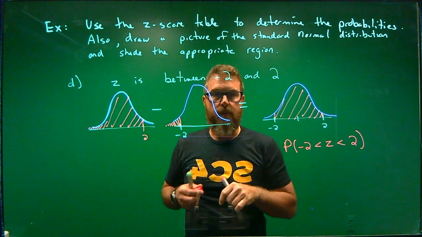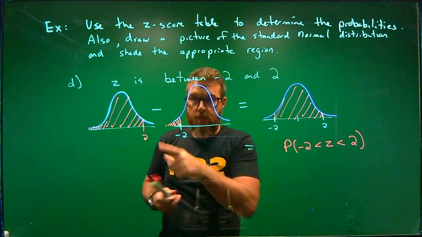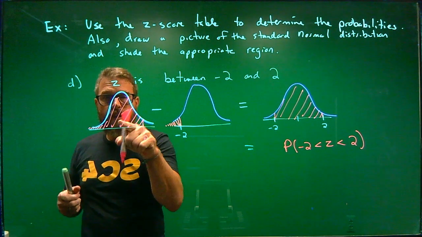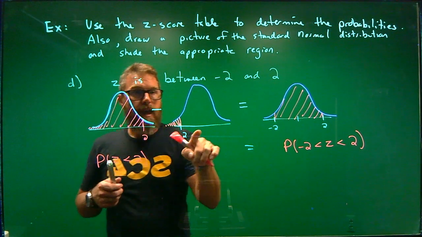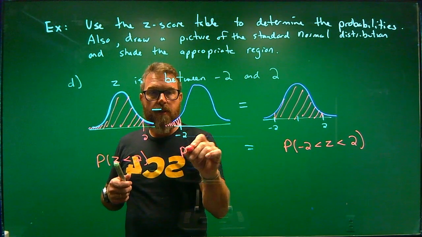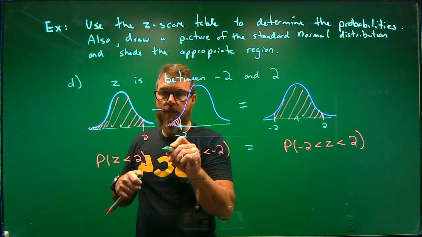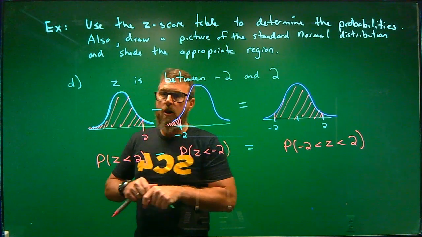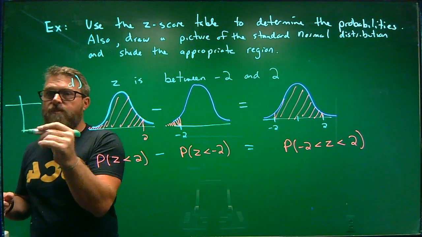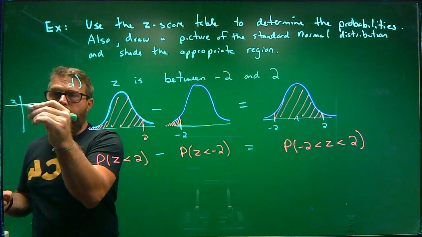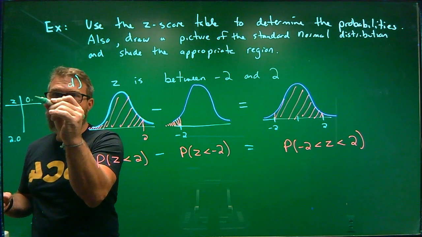So that's that cumulative area right there, which I know is going to be equal to the subtraction of these two areas. Well, this area is the probability that z is less than 2, and this is the probability that z is less than negative 2. And I'm going to have to subtract these things. So again, when we go on our z-score table, if I want to find this one, I have to go all the way down to 2.0, and then the first column is going to be 0.0.